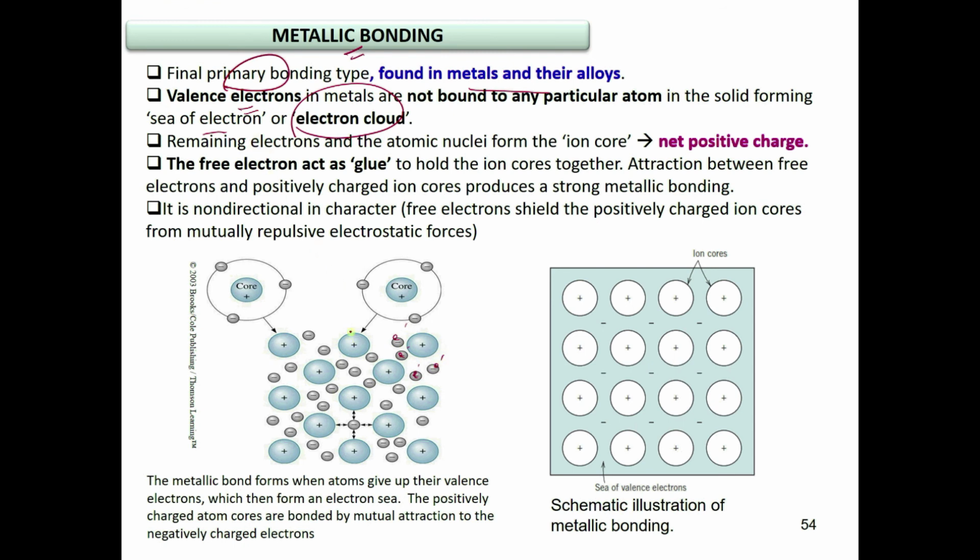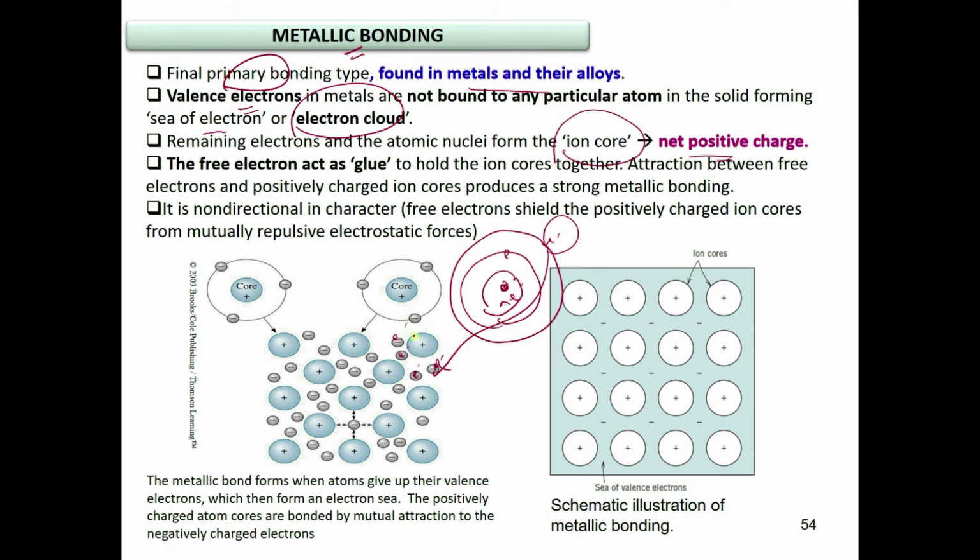The remaining electrons, because you know that you have the nucleus, right? So you have other electrons at the lower energy state closer to the nucleus, and then you have the valence electrons. These valence electrons form the electron cloud, but the remaining electrons plus the nucleus of the atom form the ion core that has a net positive charge.